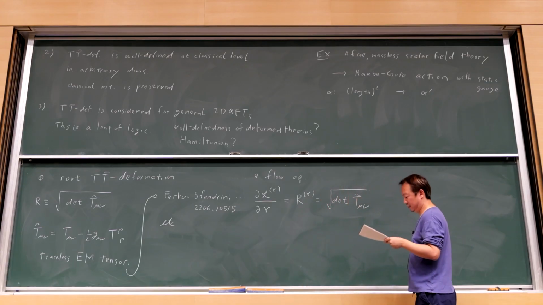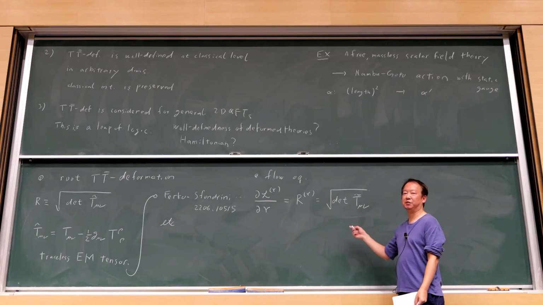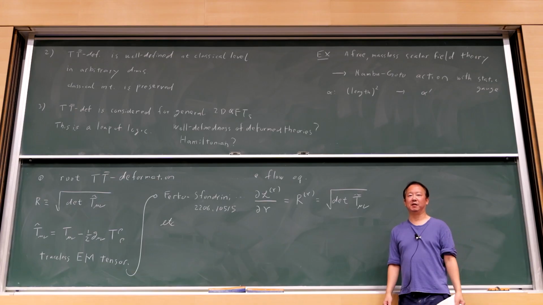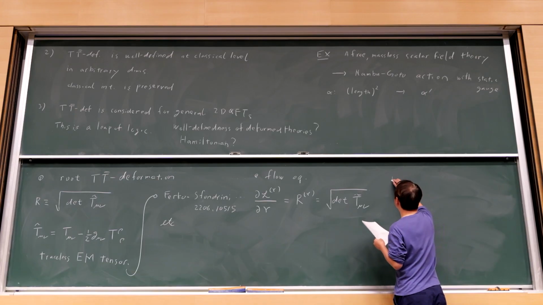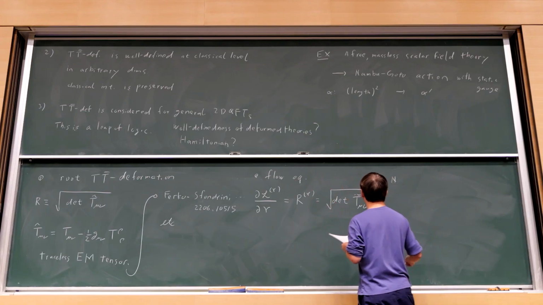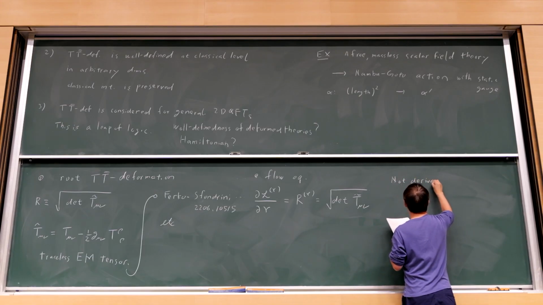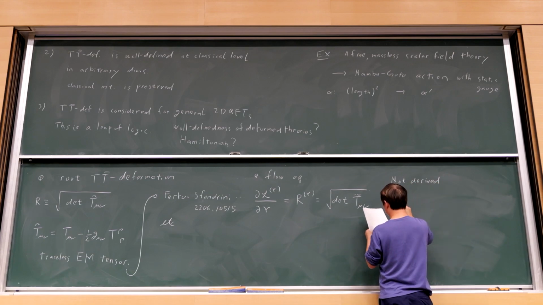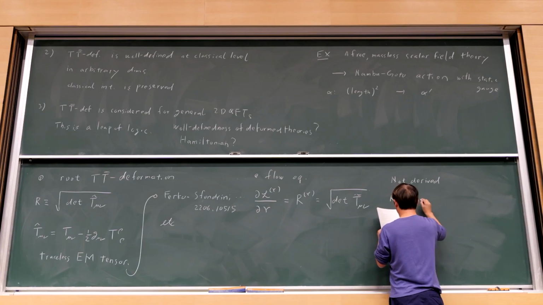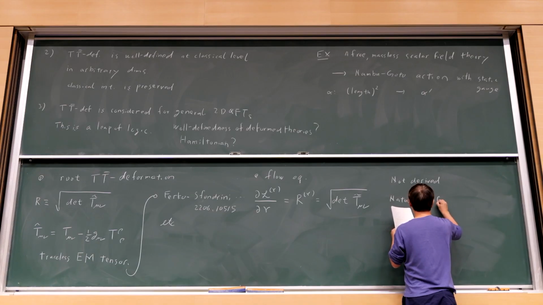So this is something like this. Please note here that this flow equation was not derived from the CDD factor. This is just a natural generalization of the TT bar flow equation. Now this is a natural definition.